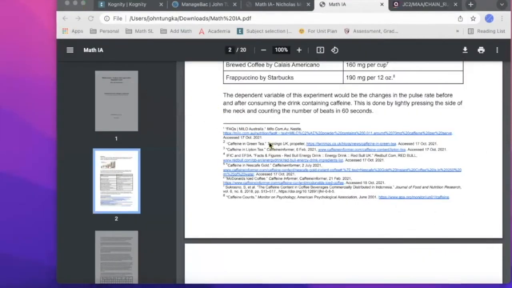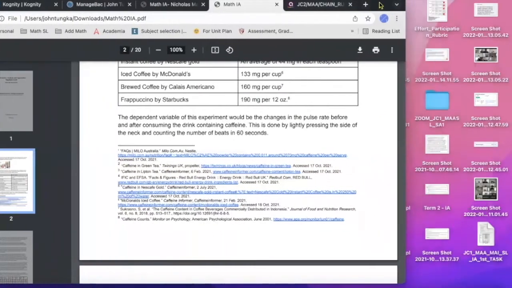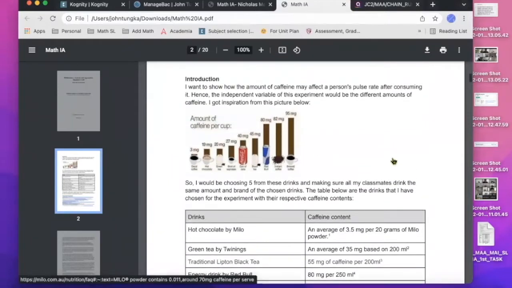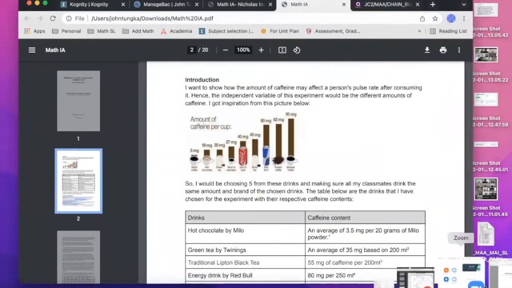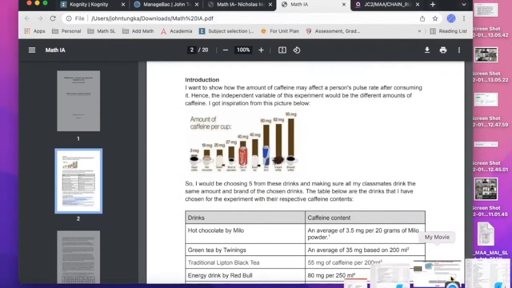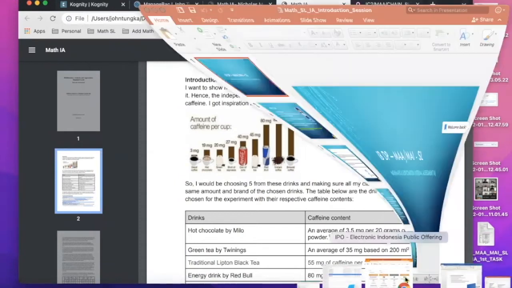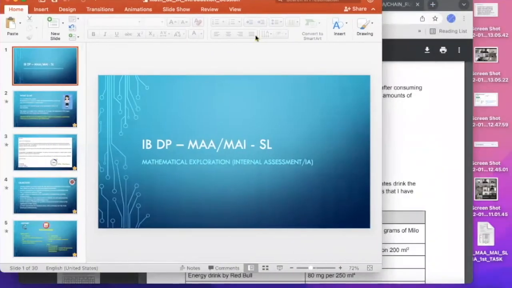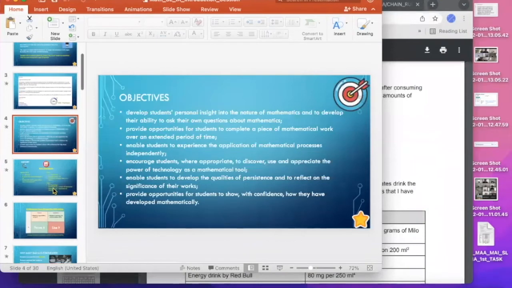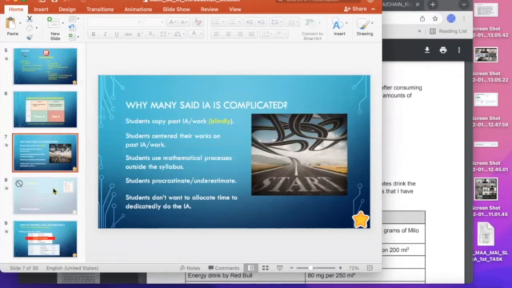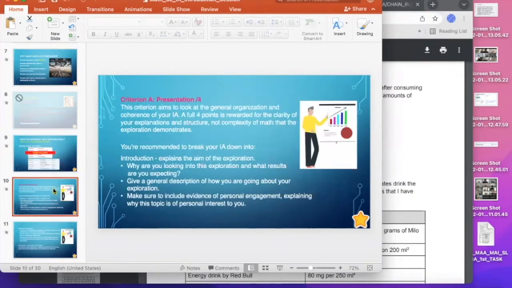Right. When I look at your introduction, it is missing some parts. Okay, let me open my PowerPoint. You can refer to this presentation, which should be available in the Manage Pack, or in the first IA instruction you were given last semester.